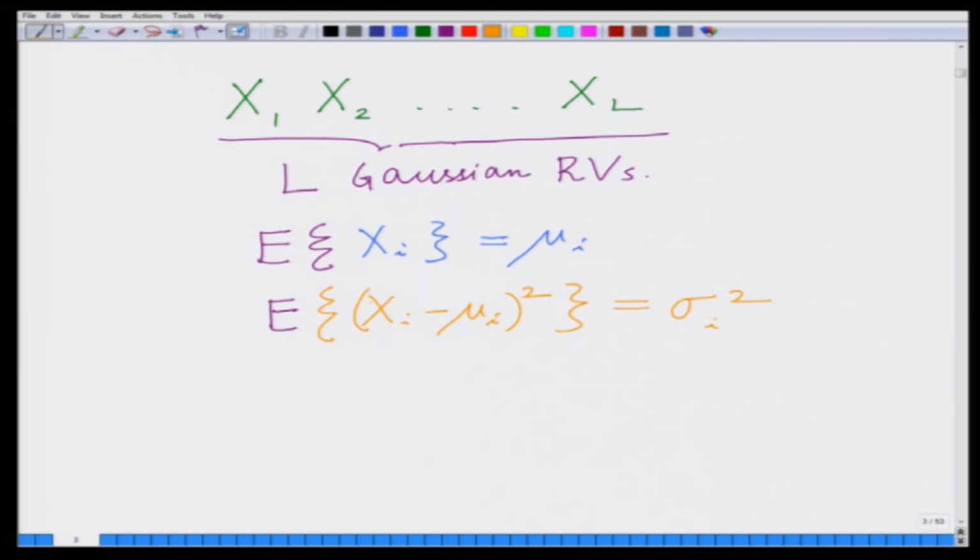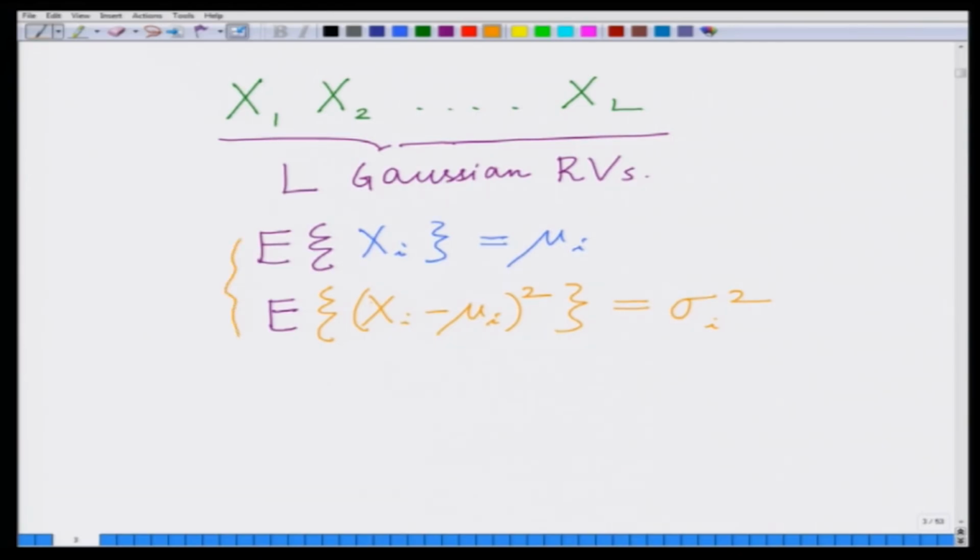Therefore, I can denote the Gaussian random variable xi as N of mu i comma sigma i square, using our notation defined just a while ago.